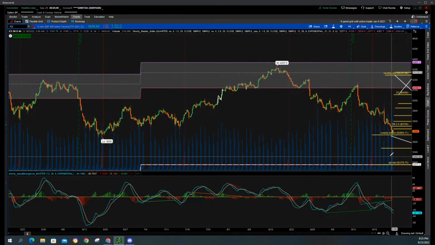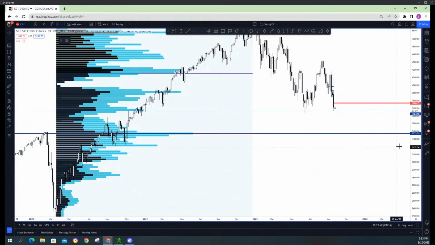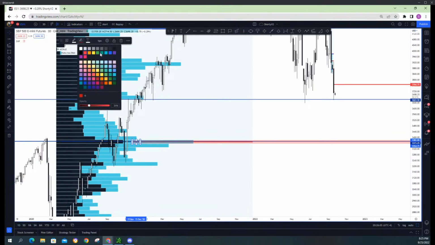You guys see this? Pay attention, 3373. Let me make sure. Yeah, 3377. What is the value here? The value area low of this run up here. You guys see this? Right, that's the POC, isn't it?